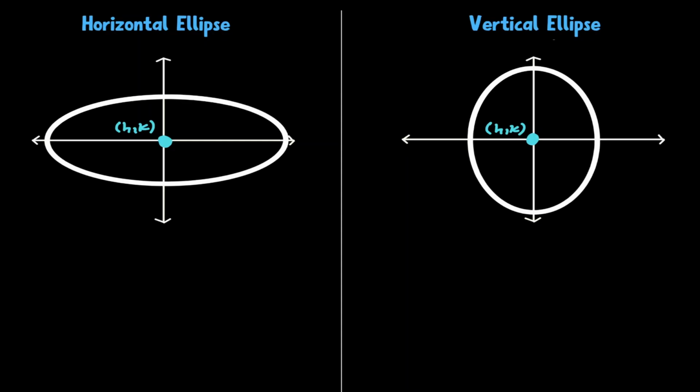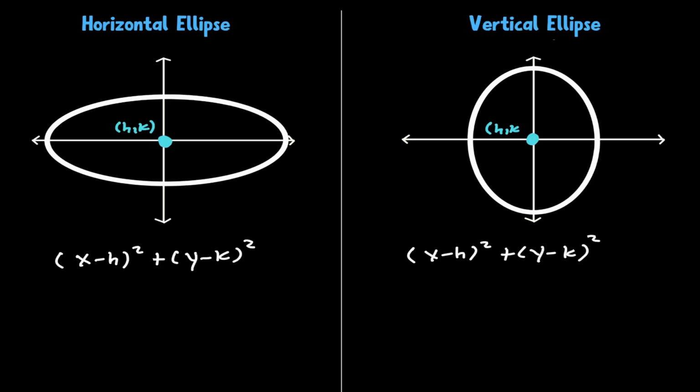And we use the center of the ellipse as the foundation of the equation because we will always have x minus h squared plus y minus k squared, where h and k are the center of the ellipse, and we will always have it equivalent to the value of 1. This is looking a lot like the equation of a circle, where the radius is 1.